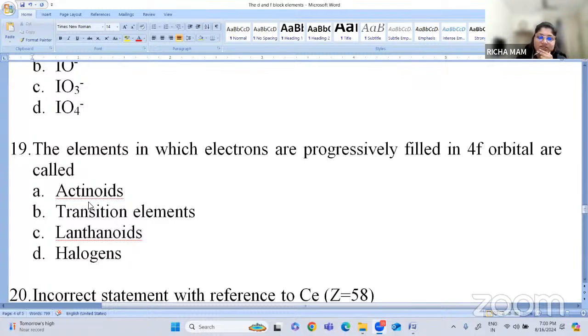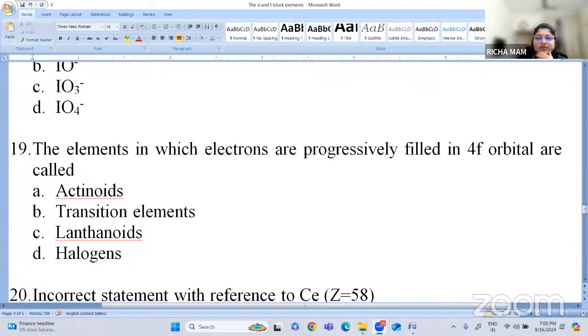Very easy question. When the electrons are filled in the 4f, yes, very good. Akhila, Sanjota, Srivaruni, Umehani. It is C, lanthanoids.